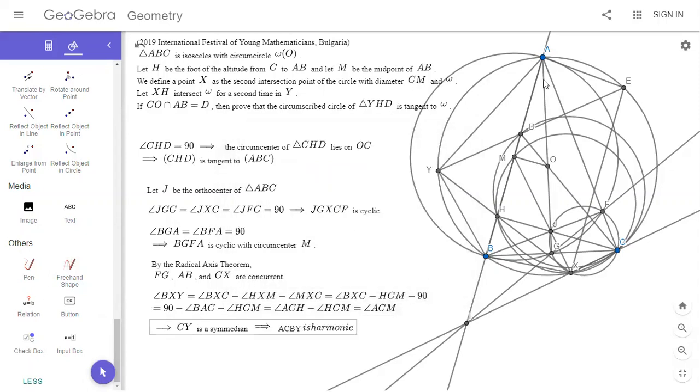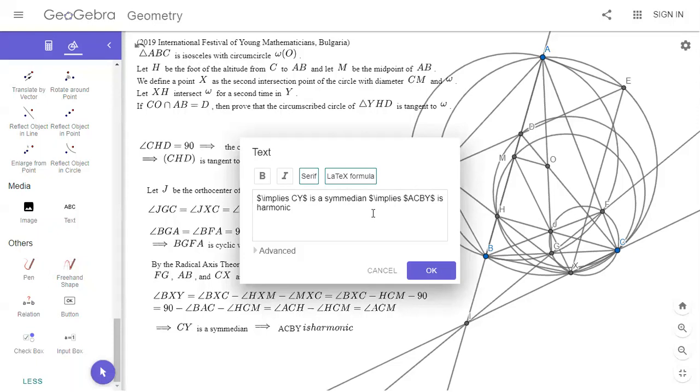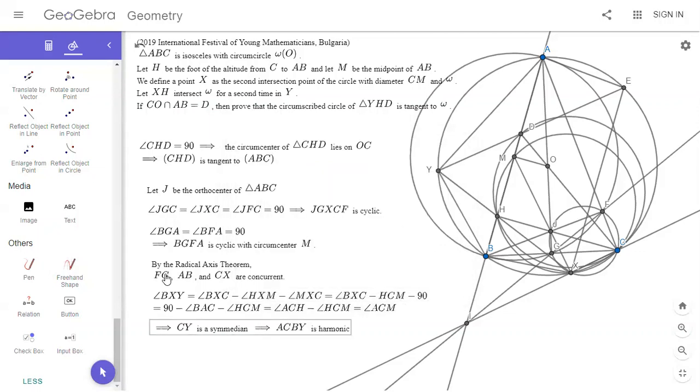And once we know that, that looks weird. Oh, because I put two dollar signs. There we go.